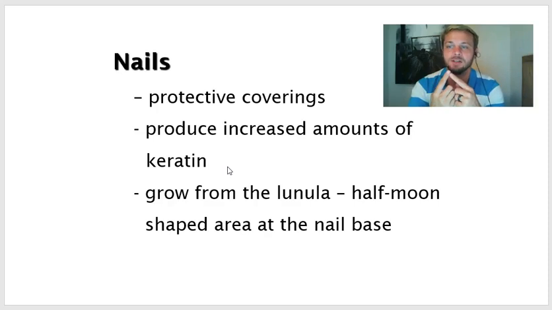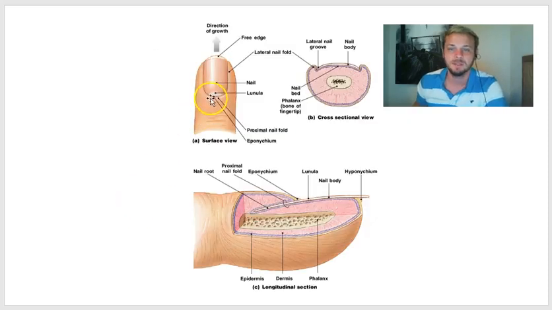And so if you look at your finger, you'll have a little crescent moon there at the base of it that looks white. That is part of the nail matrix that the nail is then going to grow out of. So if we look at this picture, here you can see the lunula. Here's your nail. Here's the eponychium, or your cuticle.